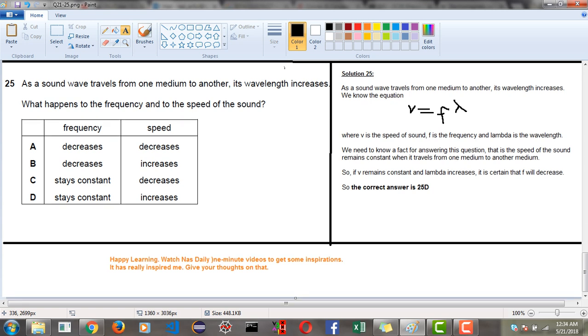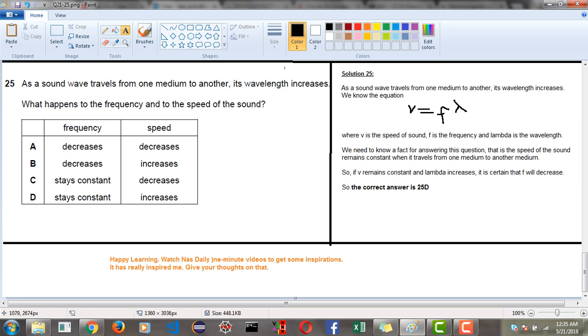Now 25 is another question about sound waves. It tells us as a sound wave travels from one medium to another, its wavelength increases. Then it asks us what happens to the frequency and to the speed of sound. Okay, we have to know this formula, v equals f lambda, where v is the speed of sound, f is the frequency, and lambda is the wavelength.